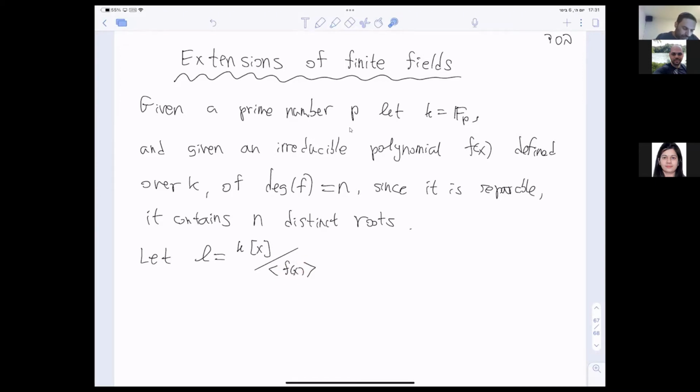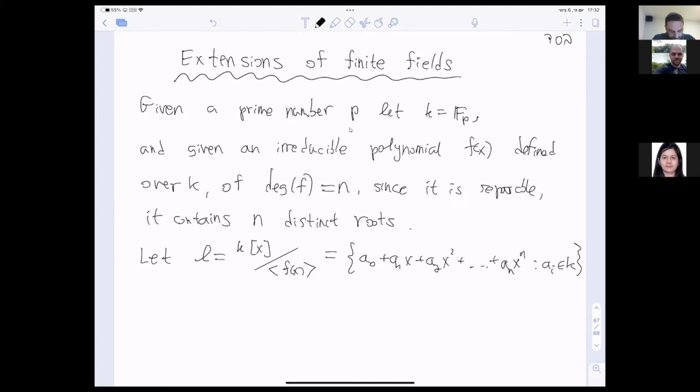I mean, so what do we get? We get a field that contains this, the free coefficients. This actually covers K, but now we have more. So this is actually a vector space, but it's more than a vector space.